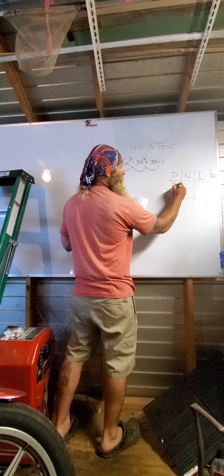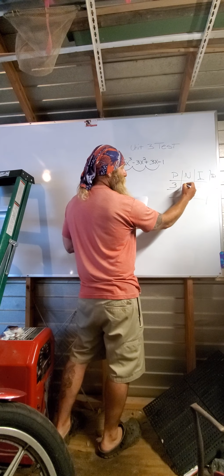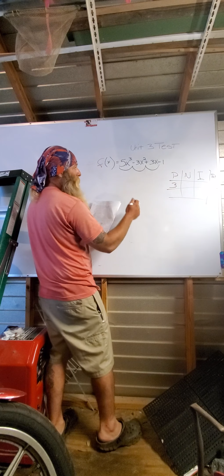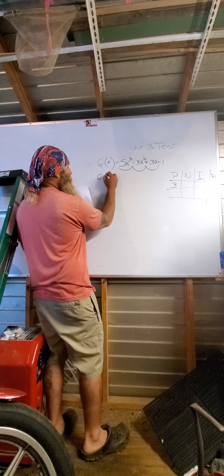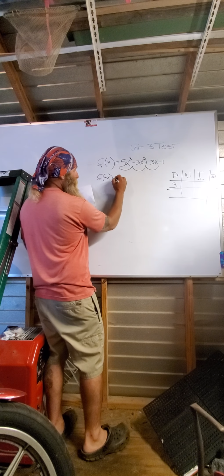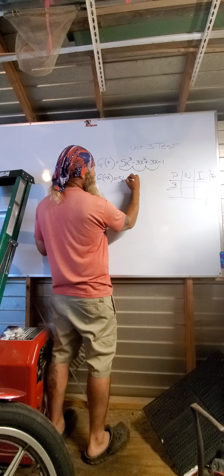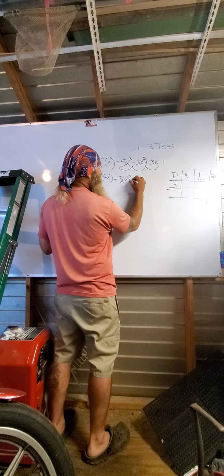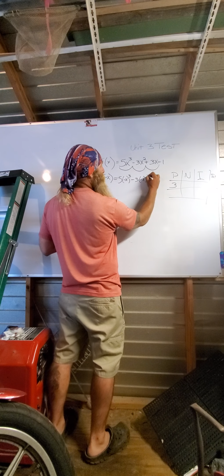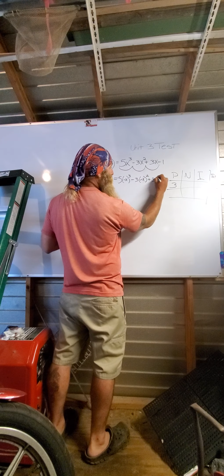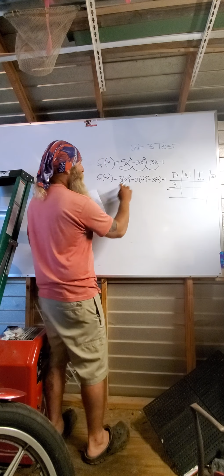And I knew that there were 3 positive changes. And the way to figure out if there's any negatives, what I did was f of negative x, and I pumped that in, so 5 times negative x to the 3rd minus 3 times negative x squared plus 3 times negative x minus 1.